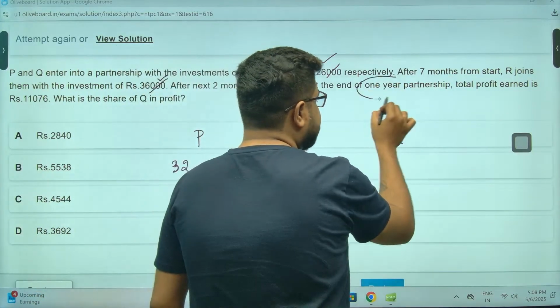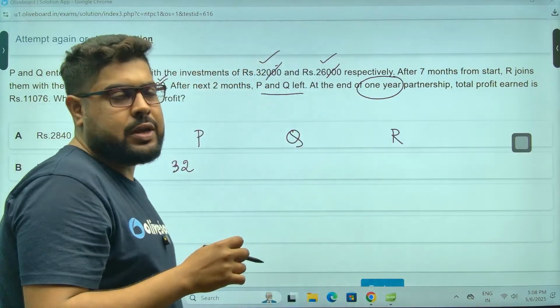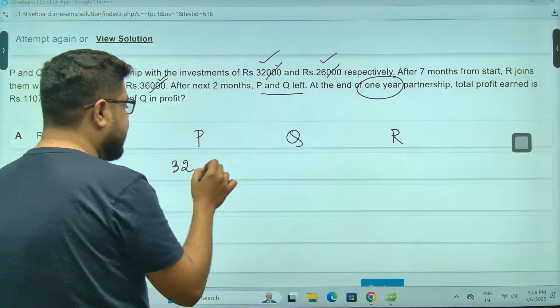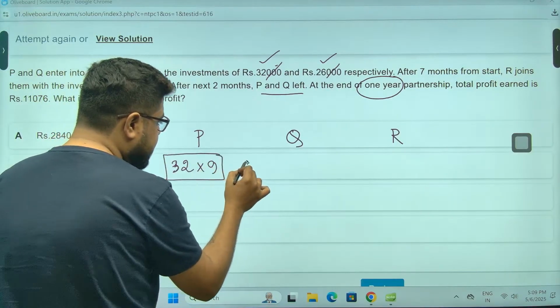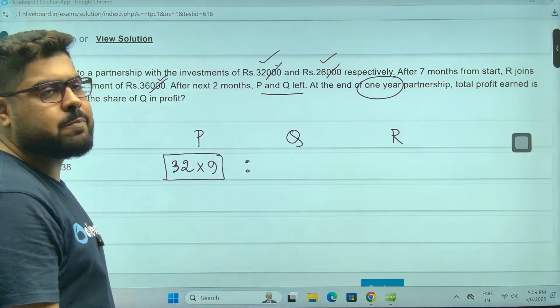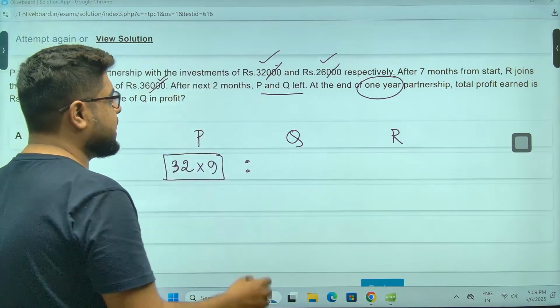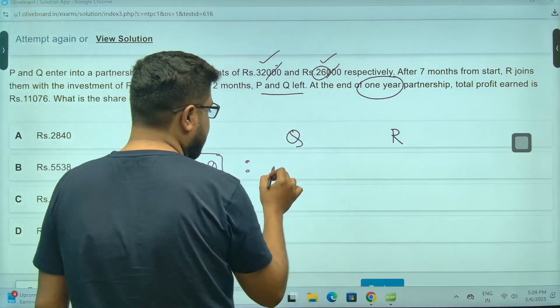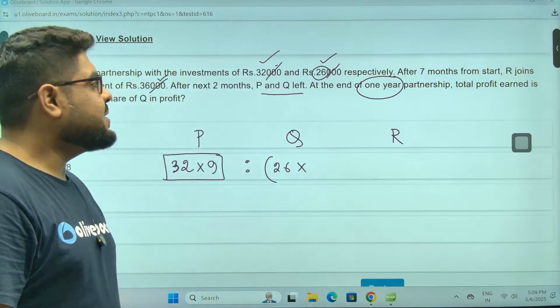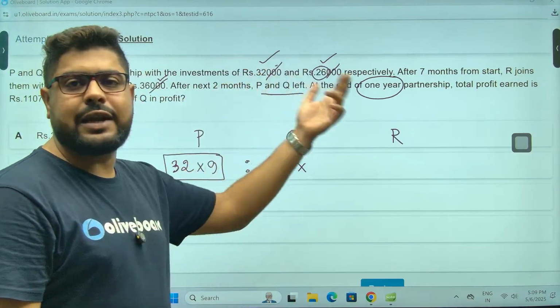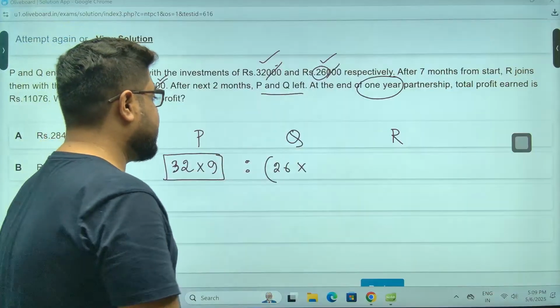It is a 1 year partnership, meaning total 12 months. So P's money was there for 9 months. What about Q? Q invested 26, and again P and Q left after 9 months, 7 plus 2. So it is also 9.